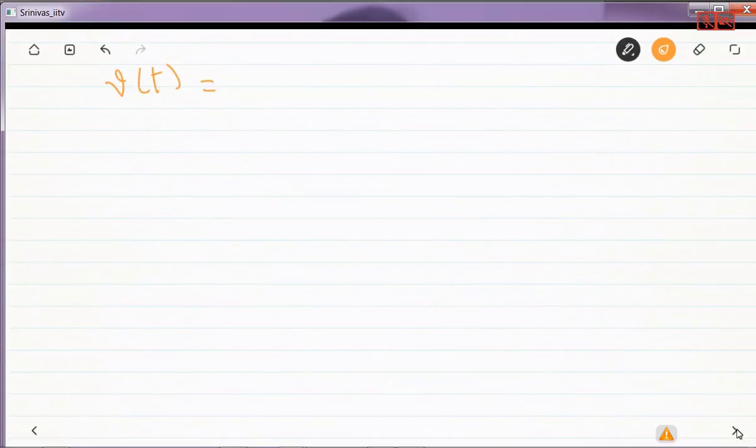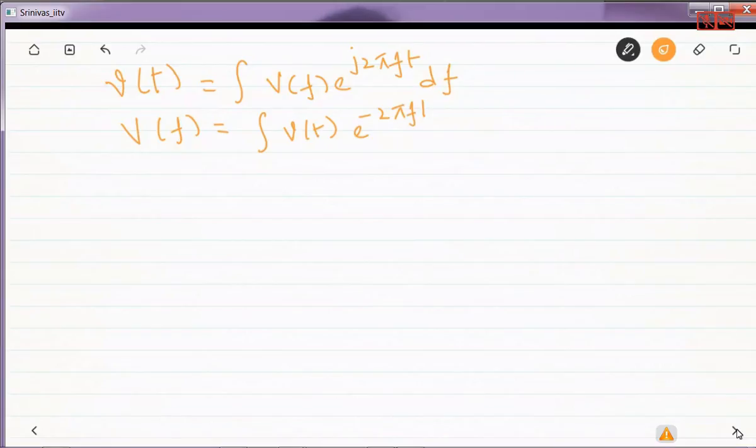This is its Fourier transform, and we call v of t and v of f... so let me write v of f e power j2 pi f t, and v of t e power minus j2 pi f t dt.